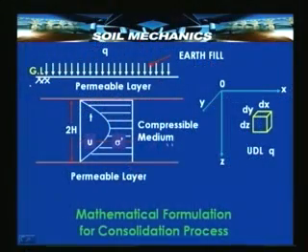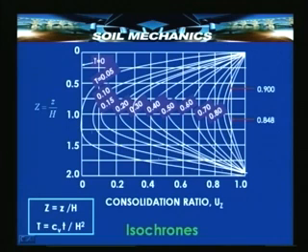Now, based on all these, by considering a compressible layer bounded between two permeable layers and any typical element out of this layer, we can evolve a relationship between the degree of consolidation u and the depth and the time, because we have seen that the degree of consolidation varies with depth and varies with time.